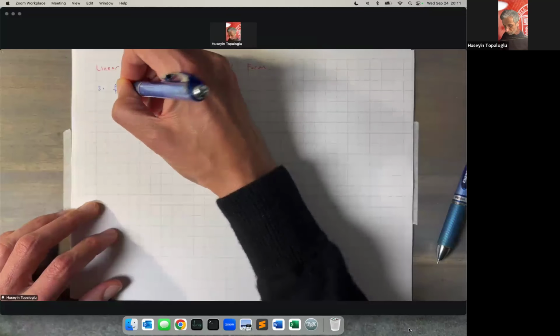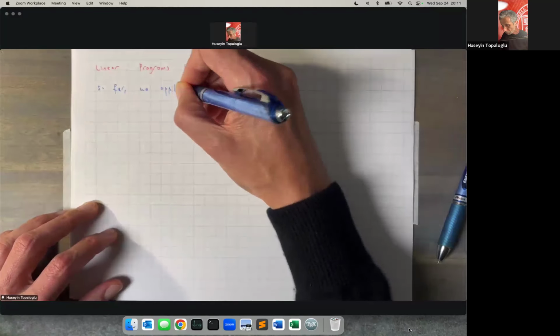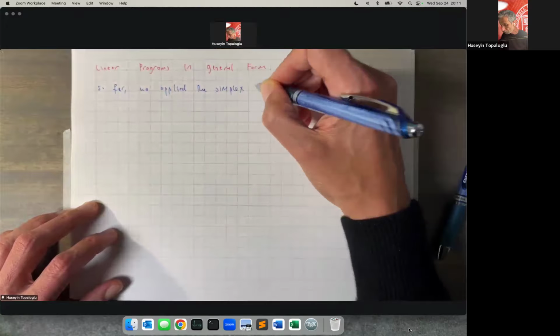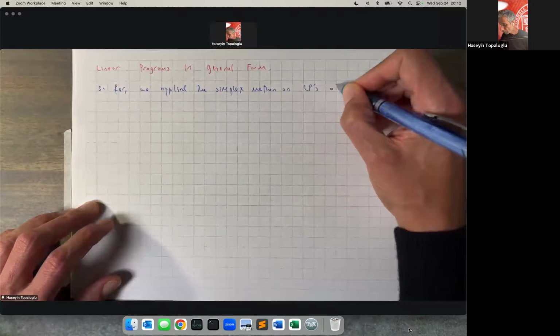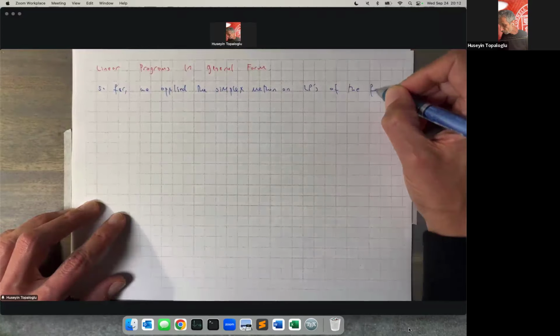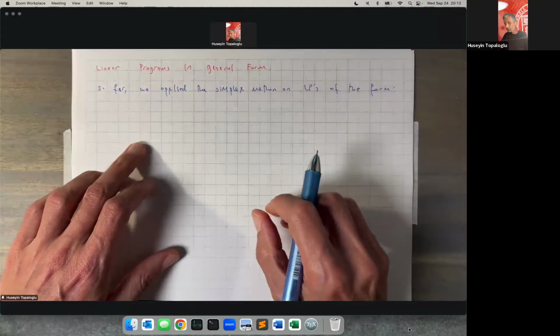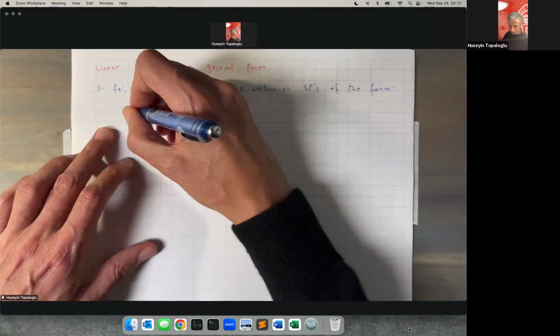So far, we applied the simplex method on linear programs of the form, let's say. So let's write a general linear program where all the constraints are less than or equal to constraints and all decision variables are non-negative.